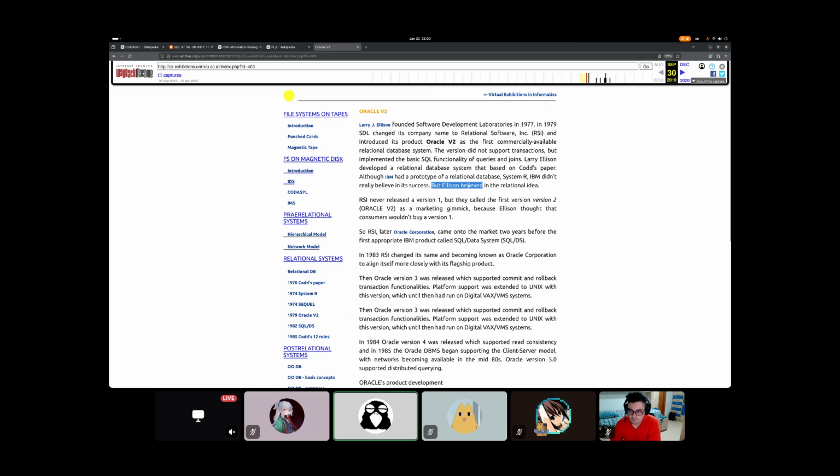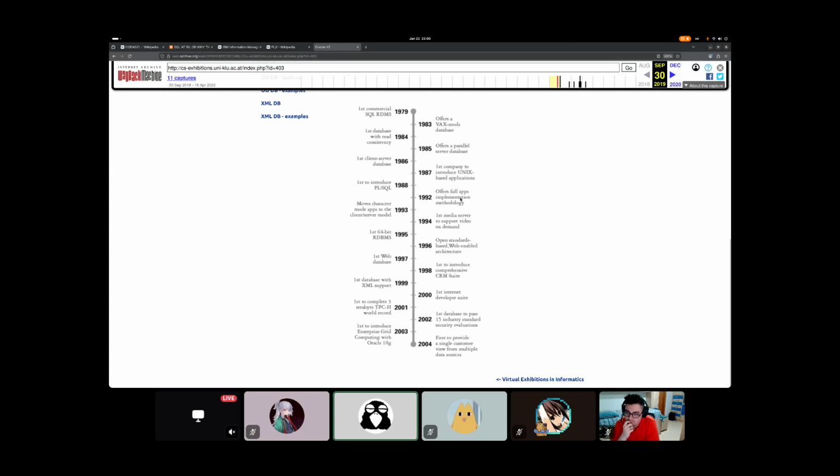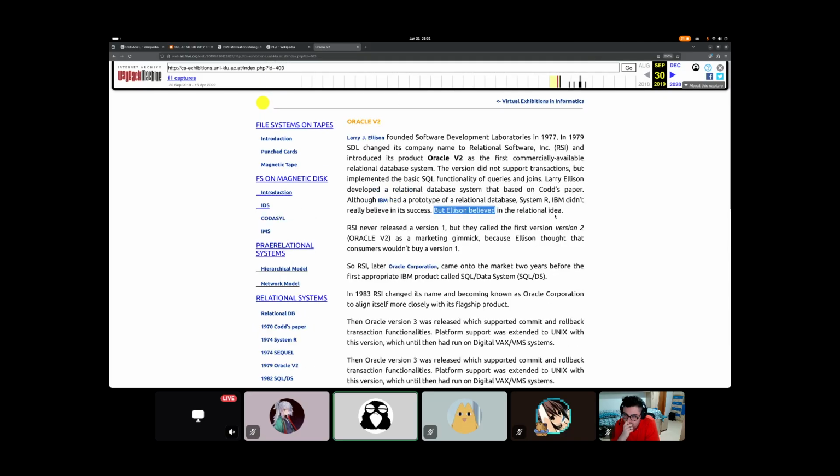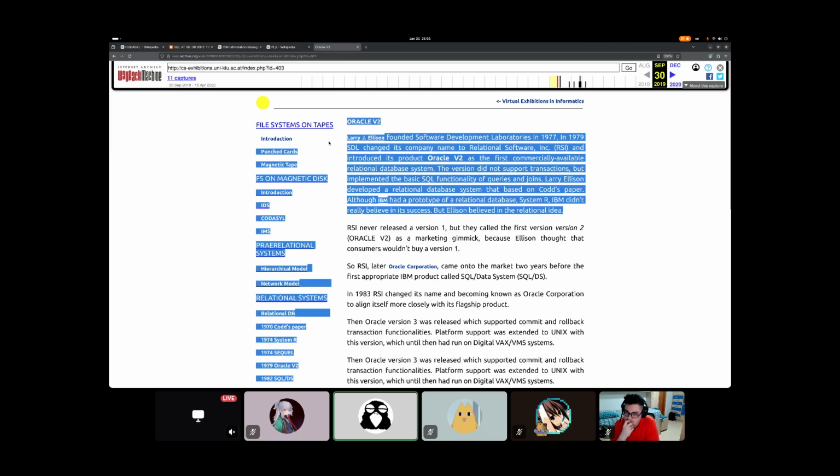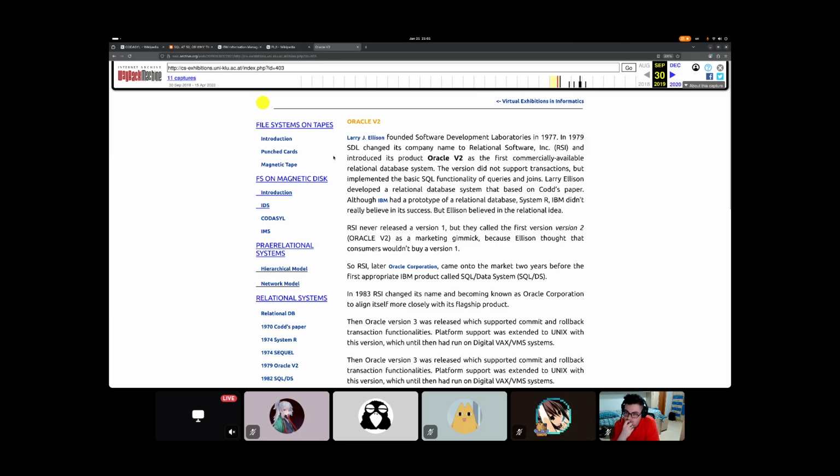But Ellison believed in the relational idea. So basically, the guy understood that it was going to be the next big thing. He got a niche of the market. He rushed a product very early, and then he got contracts, and that's it. It was cemented because later on, IBM noticed that they were losing market share right there with their product.